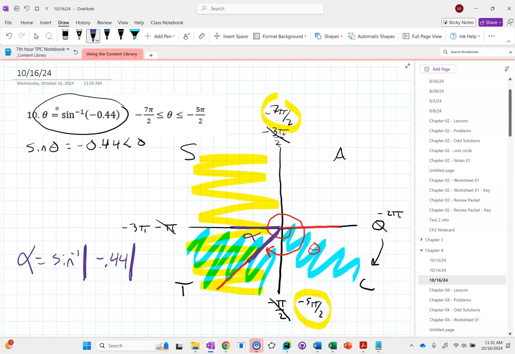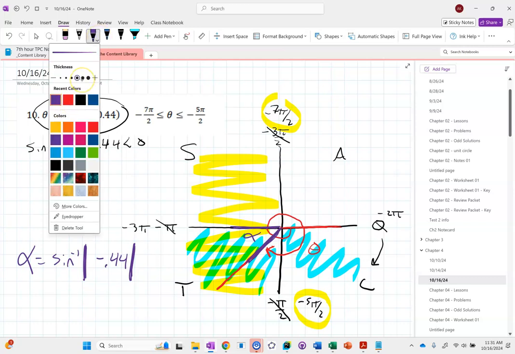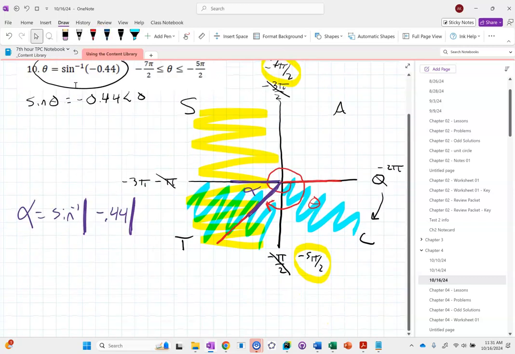So far, so good. Now, to finish this off, to write my equation for theta, I'm going to use the picture that I've drawn. That's the entire purpose of drawing the picture, so I know how to write the equation.